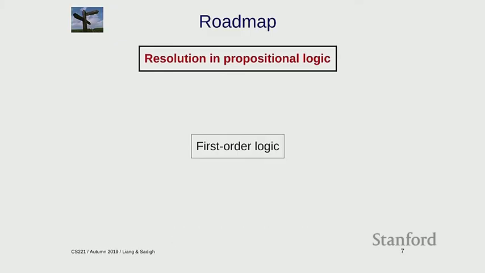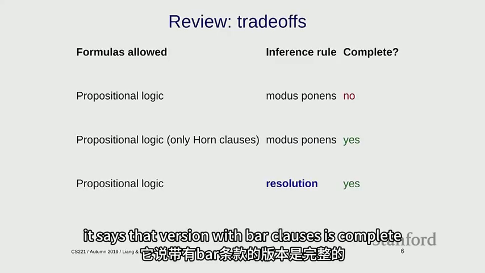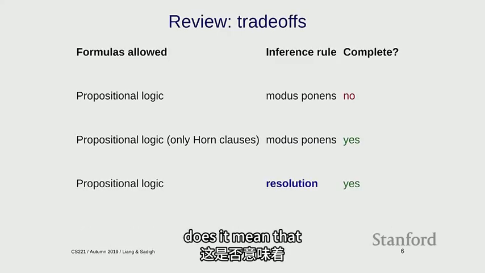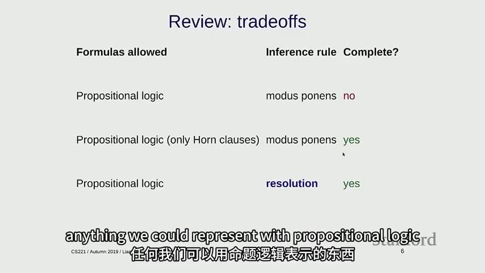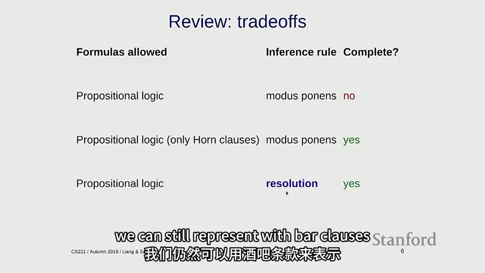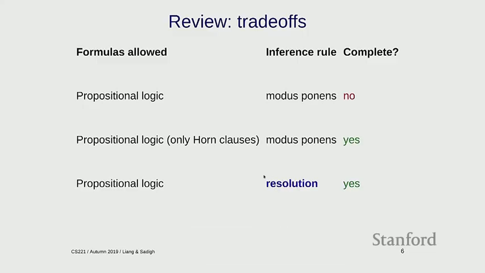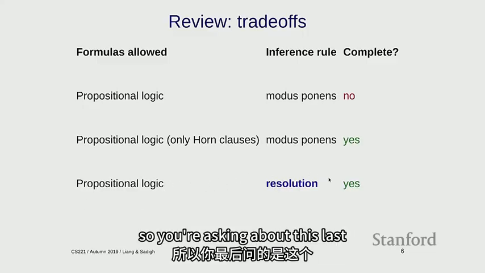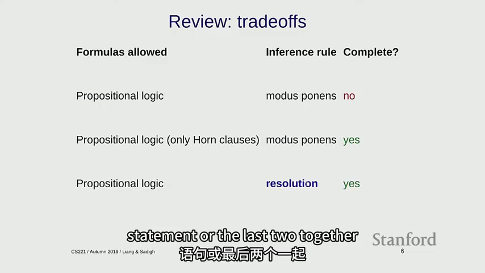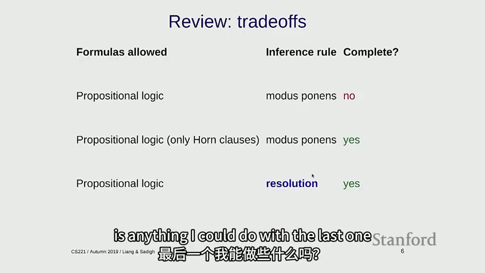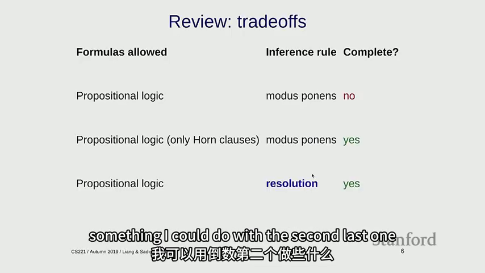Yeah? Just going back to the last slide, when it says that modus ponens with Horn clauses is complete, does it mean that anything we could represent with propositional logic and resolution, we can still represent with Horn clauses? So you're asking about this last statement? The last 2 together, are they effectively equivalent? Is anything I could do with the last one something I could do in the second to last one?